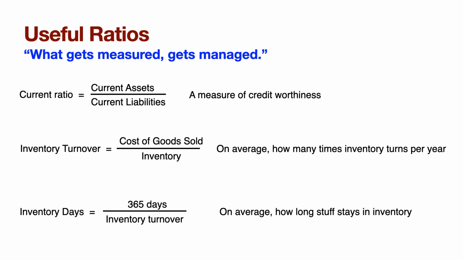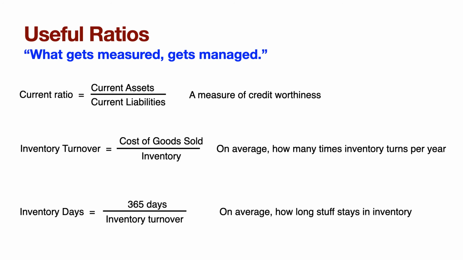Very useful. For those of you that have inventory, it would be good to know how many times a year your inventory turns. The idea here is you want to have your inventory turn as quickly as possible. The faster your inventory can turn, the faster you can sell it, in other words, the more money the business will make.